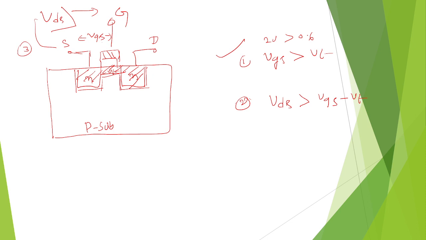Hence the current will start to flow constantly from source to drain. Condition 1 is satisfied, and for condition 2, VDS is also sufficient to flow the current from source to drain. Hence the current will flow constantly from source to drain. This is named the saturation region.